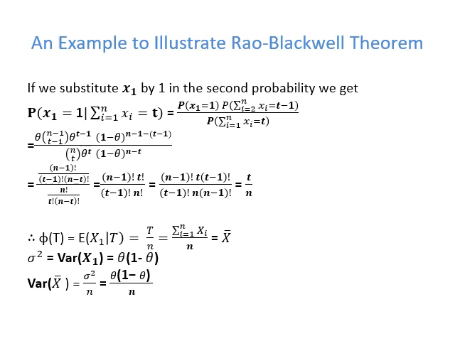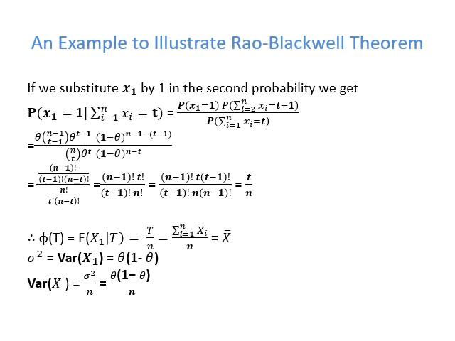We have written the probability mass function of the binomial distribution, which is n minus 1 choose t minus 1, theta power t minus 1, 1 minus theta power n minus 1 minus t minus 1. This is the numerator. For the denominator, it's very easy, because in the denominator we just have n random variables.